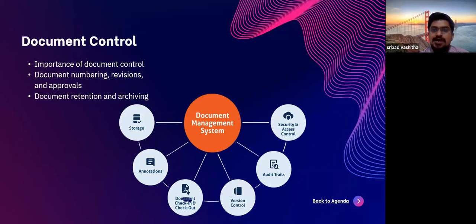Then security and access controls: there could be certain data which has to be restricted to a particular set of people. A document from quality, which is core, should not be accessible by a shop floor person who is just merely doing the process. So there is a difference between that.